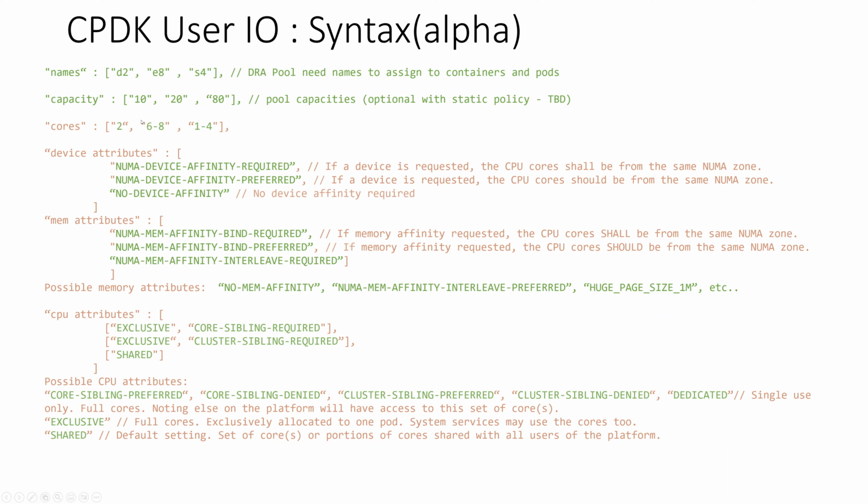So we could ask for a burstable scenario between 6 and 8 cores. And here the question to the community would be if it makes sense in a static policy way. If we have a burstable scenario like that, we can map that as a CPU set back to the 20 cores, which we defined in the capacity field. This is if we want to start with some static policy.